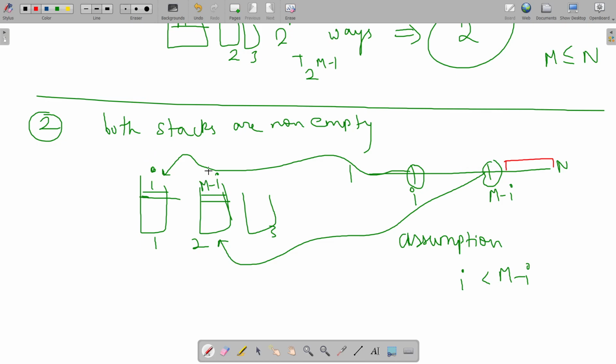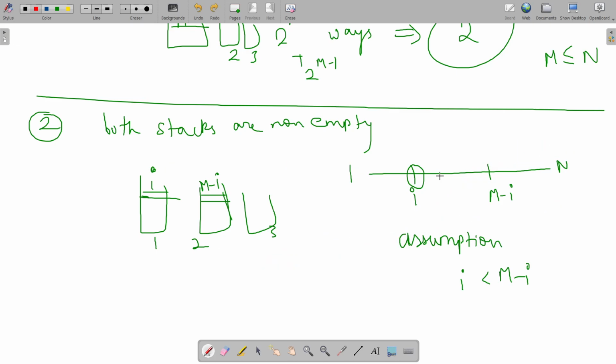They can also not go to the second stack for the same reason, right? So these elements can only go to the third stack. So for these elements, there is only one possibility.